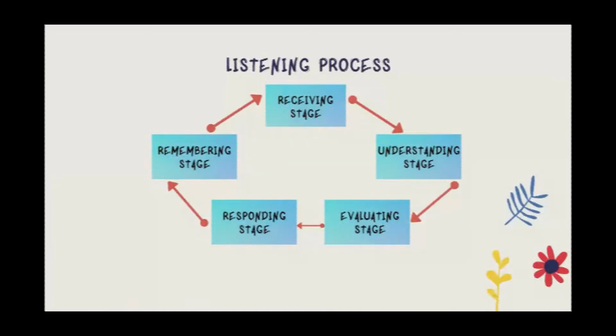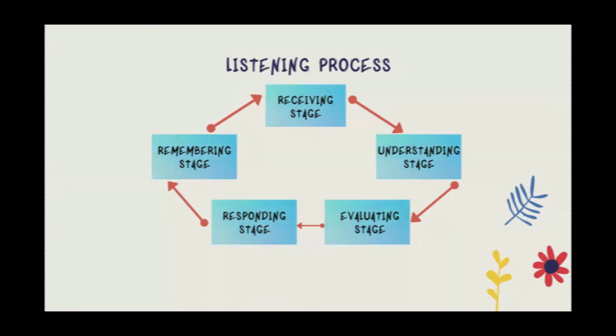So let's talk about the listening process. We have 5 stages. Number 1, we have receiving stage, followed by the understanding stage, then the evaluating stage. Fourth is responding stage. And then the fifth one is remembering stage.